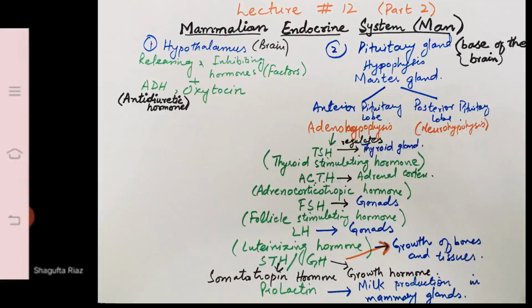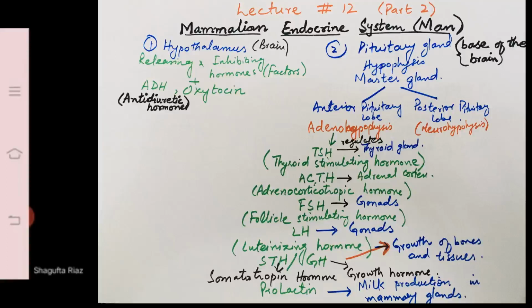It was previously considered the master gland of the body because it was believed that the pituitary gland is responsible for the regulation of all the other hormone secretions, right? But in new research, it is found that the pituitary gland is also under the influence of hypothalamus, right?